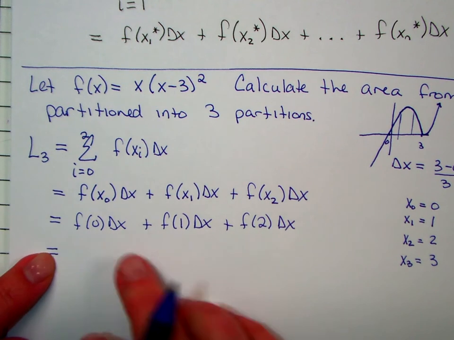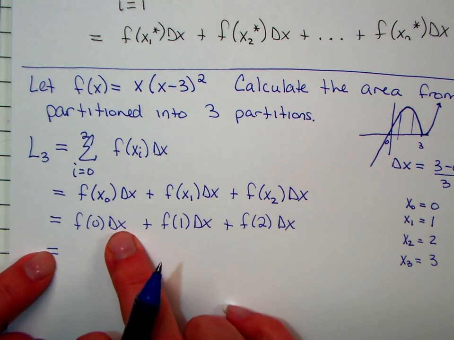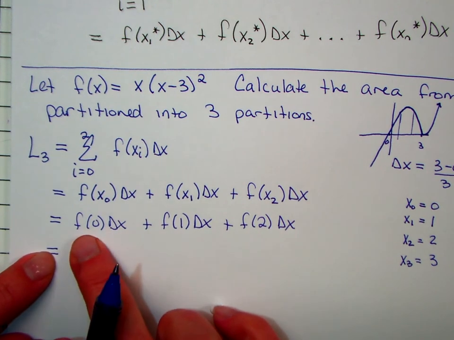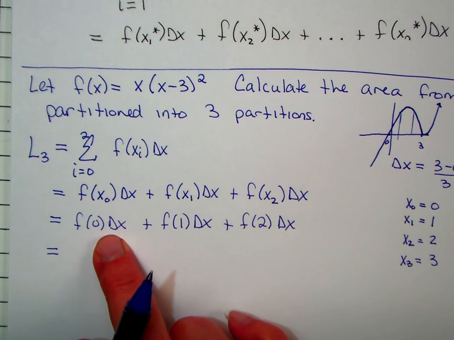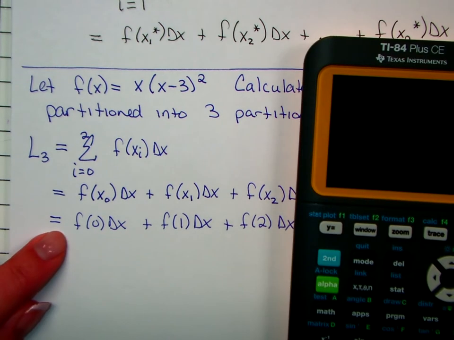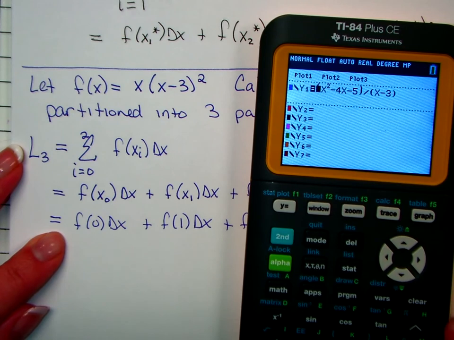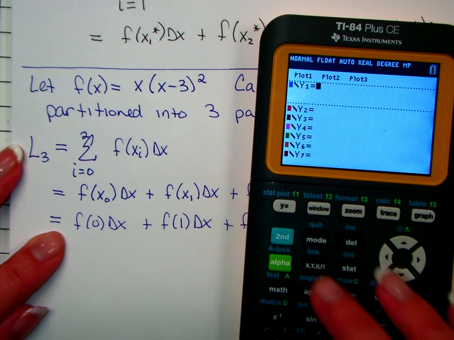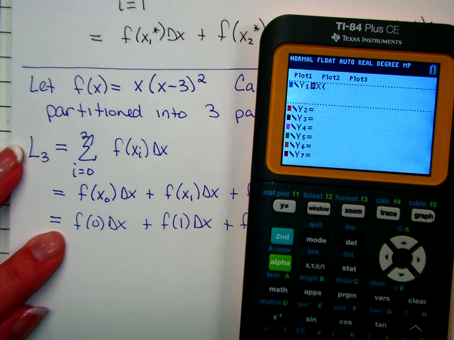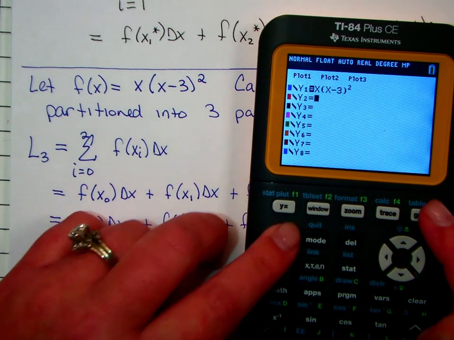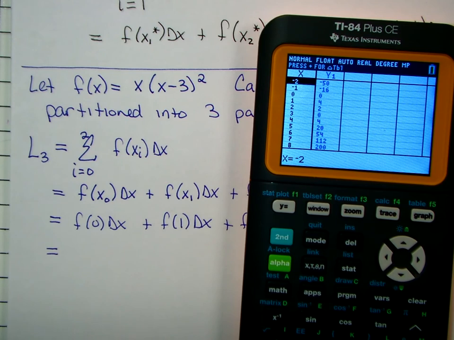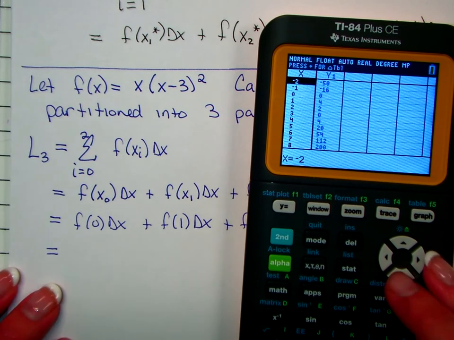And it is nice because our delta x is just 1, so we're just going to multiply our function values times 1. The quickest way to do that is to go ahead and use the table feature in your calculator. So let's type the function in, and then go to the table, and I want 0, 1, and 2.